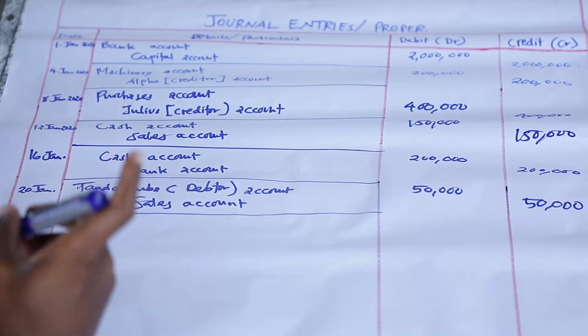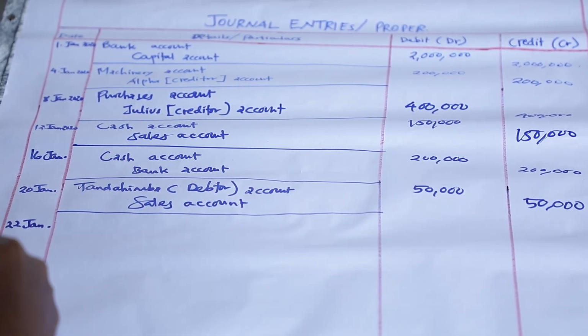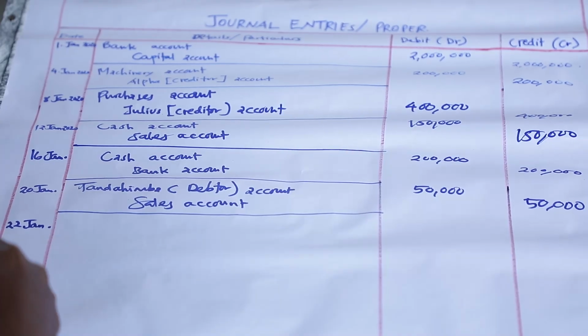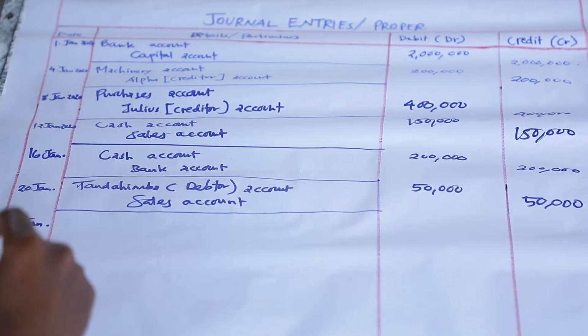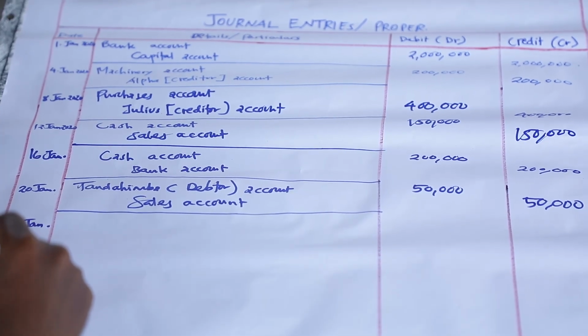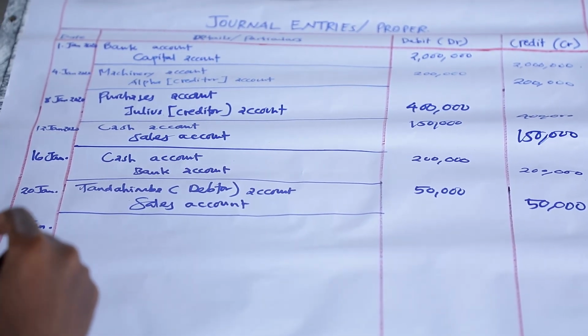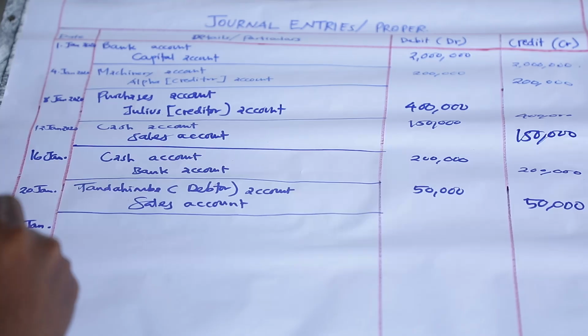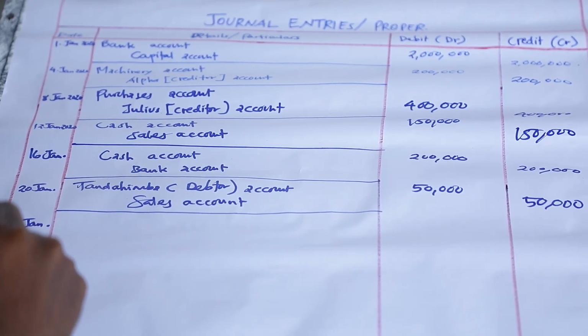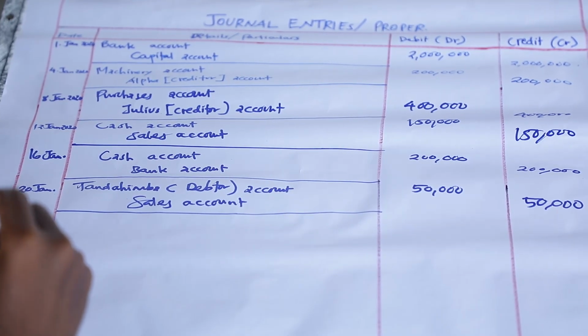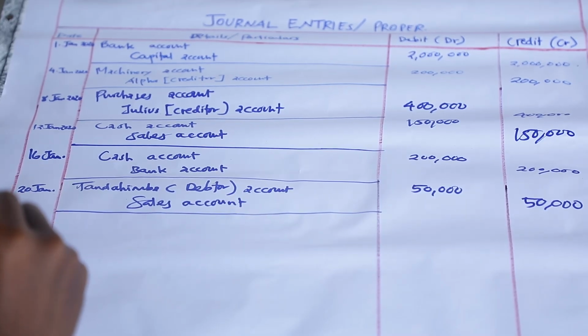On 22nd January 2020, goods worth 15,000 were returned to Julius because they are of the wrong type. So sometimes goods may be returned, and when goods are returned, we are going to have two accounts here.